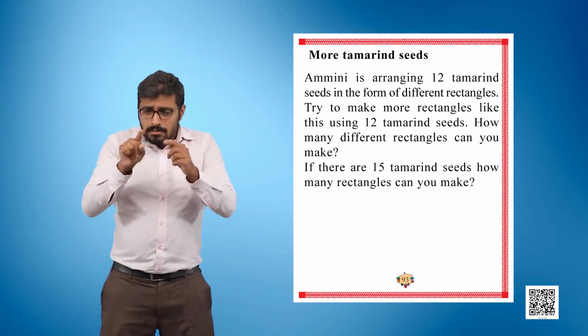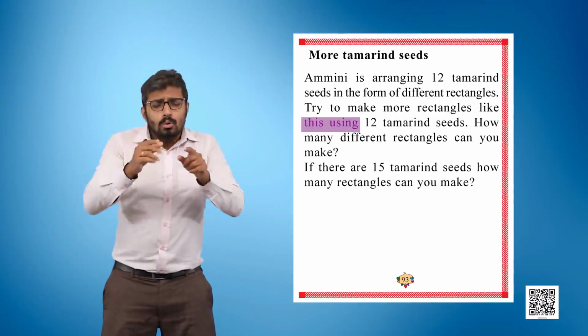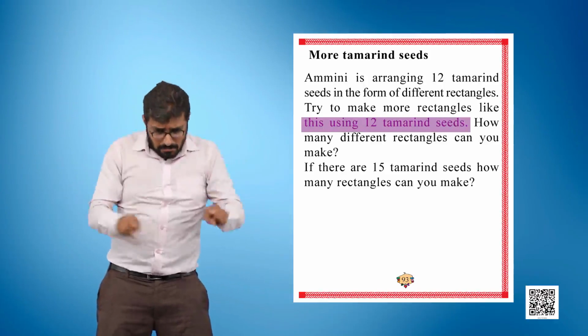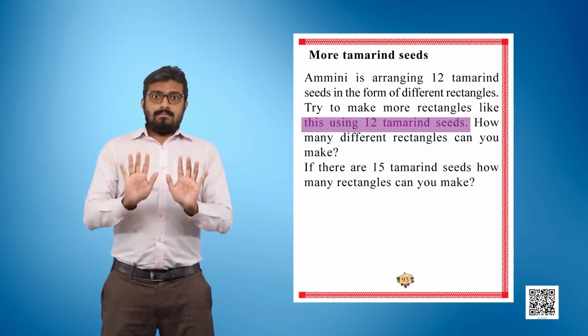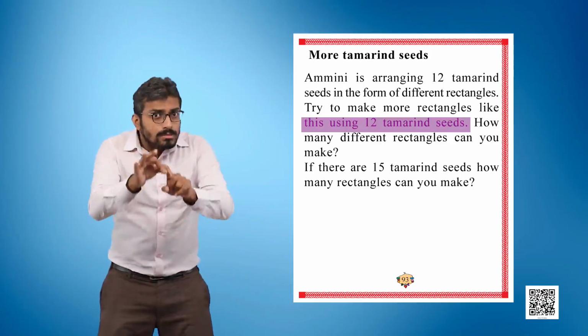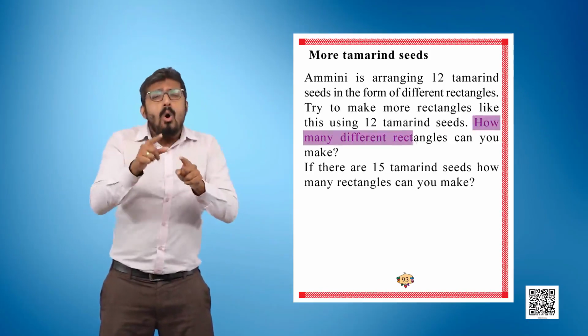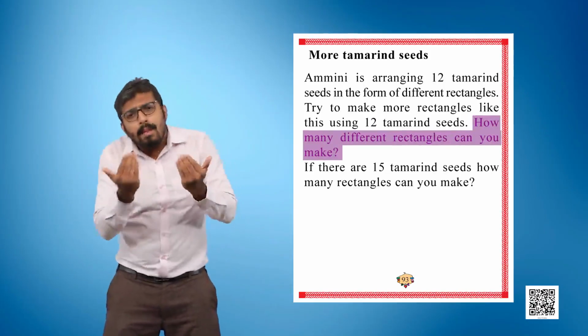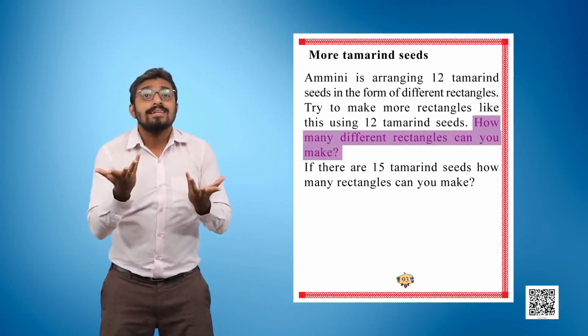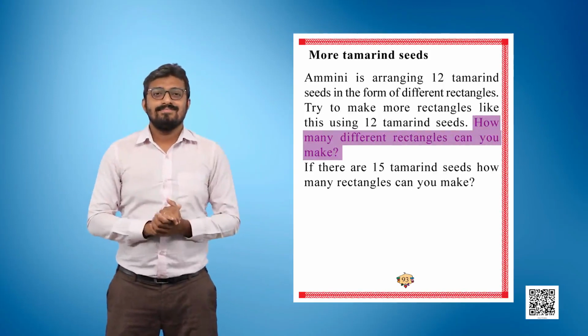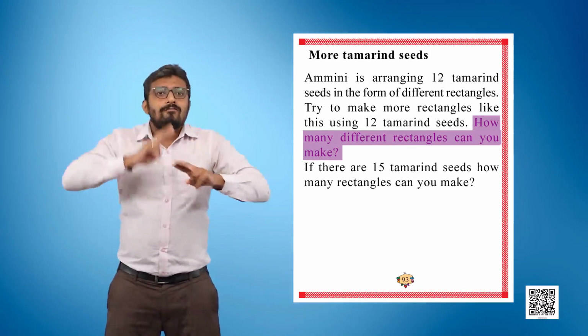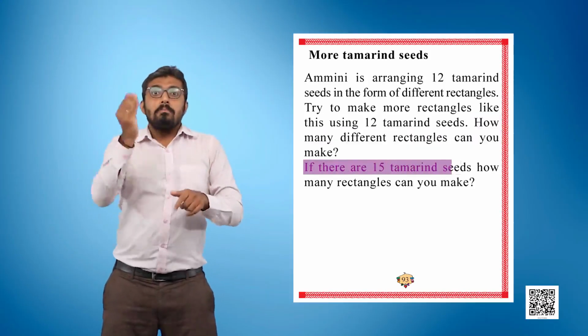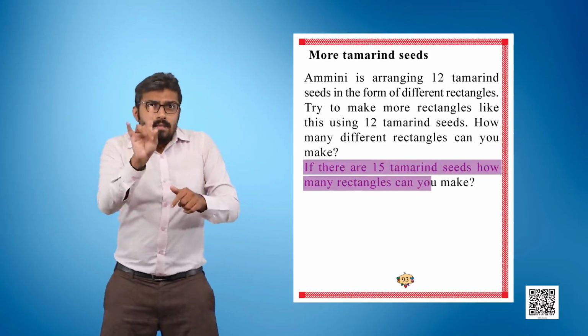Try to make more rectangles like this using 12 tamarind seeds. How many different rectangles can you make? If there are 15 tamarind seeds, how many rectangles can you make?